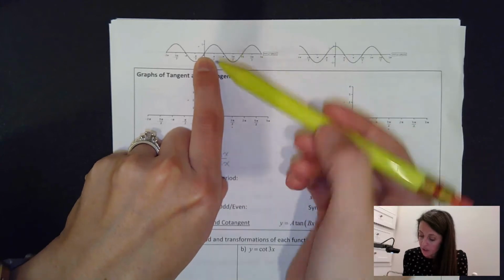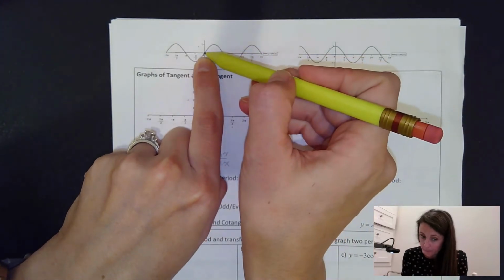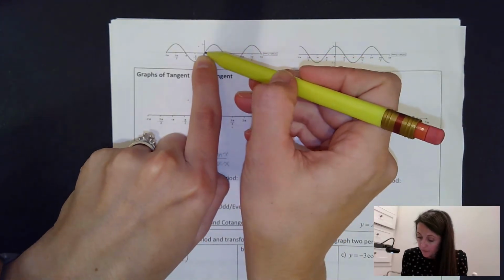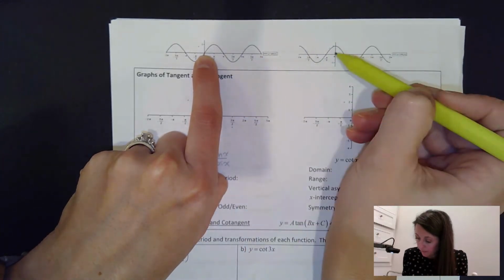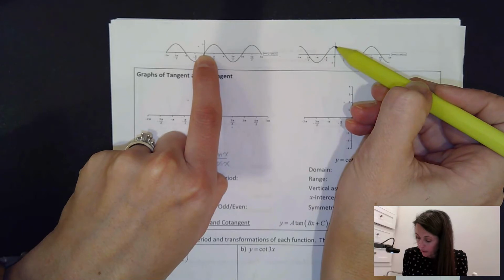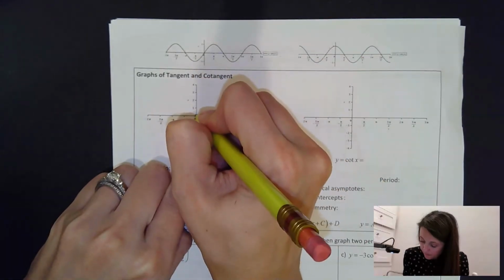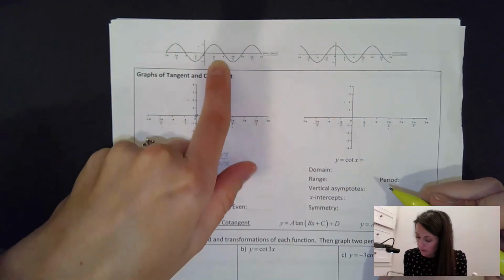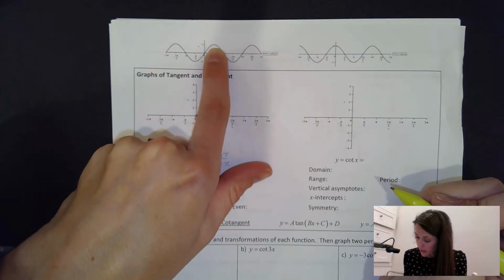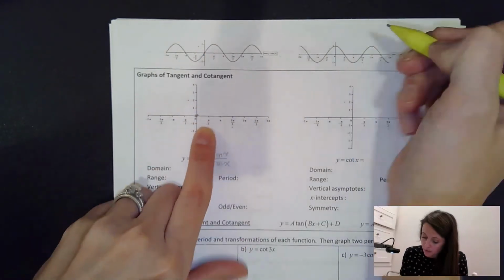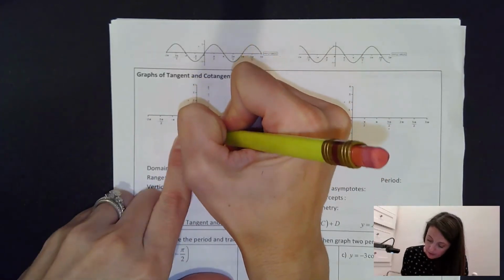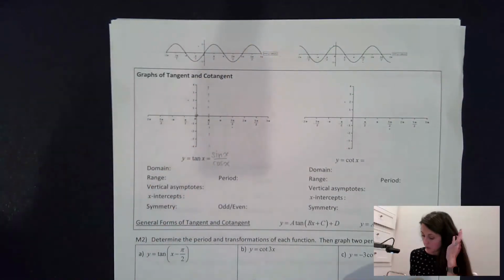So at 0, here's your sine over cosine. 0 over 1 is going to be 0, right? Pi over 2, what happens at pi over 2? Sine is going to be 1, but cosine is a 0. So 1 over 0 is undefined. So I am going to have an asymptote there at pi over 2.